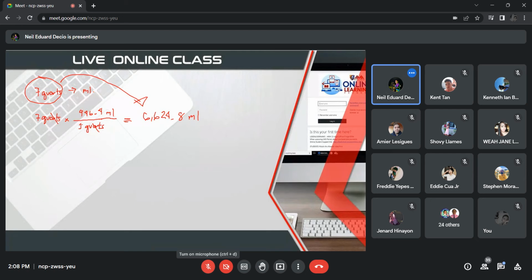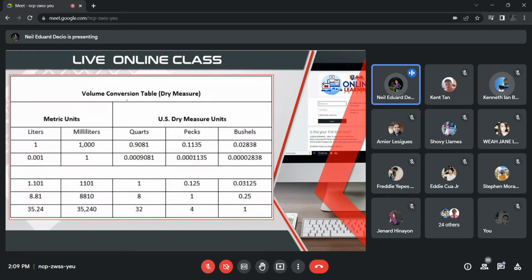Gets? Okay na? Okay na yung example na to? Sir. Okay. Yes, sir. So we also have another volume conversion. Volume unit, no? From the US dry measure unit, which is quarts, pecks, and bushels. Tinatawag siyang dry measure kasi literal na volume, but then solid yung minimeasure natin dito.